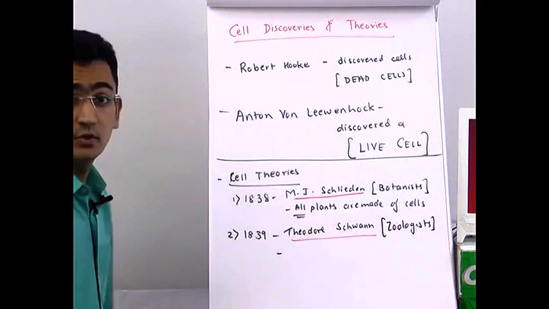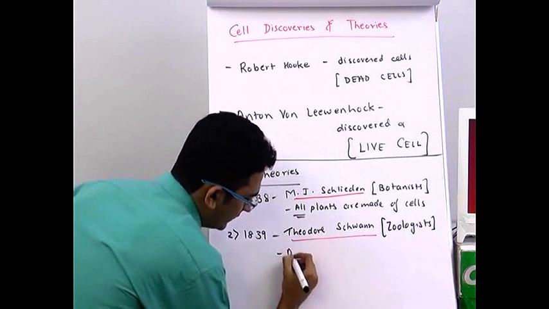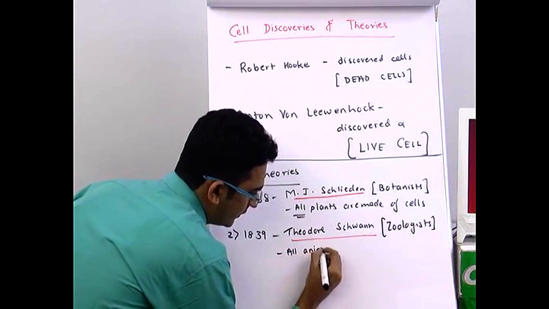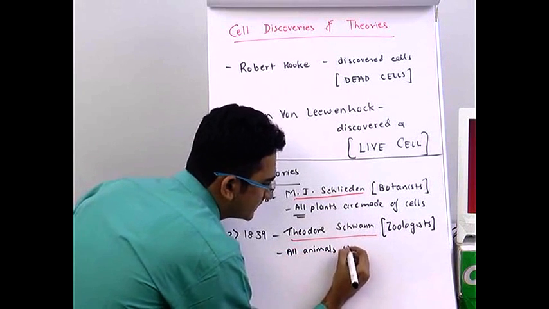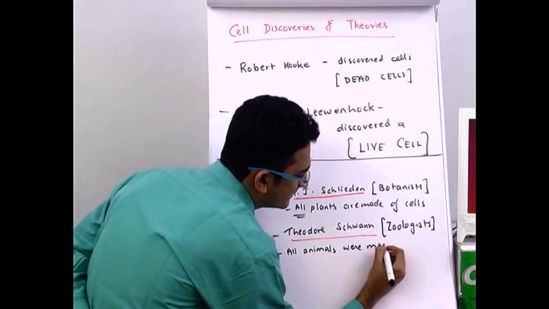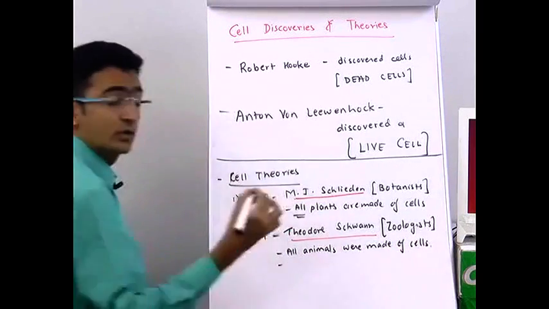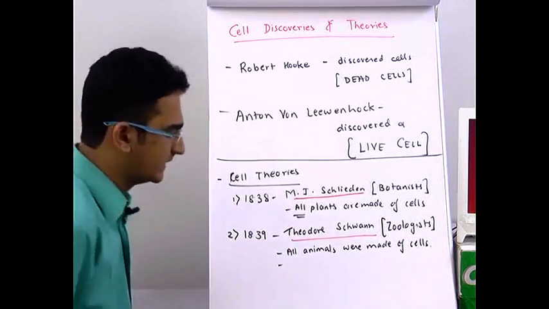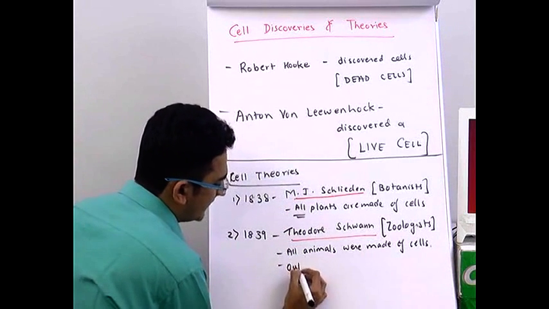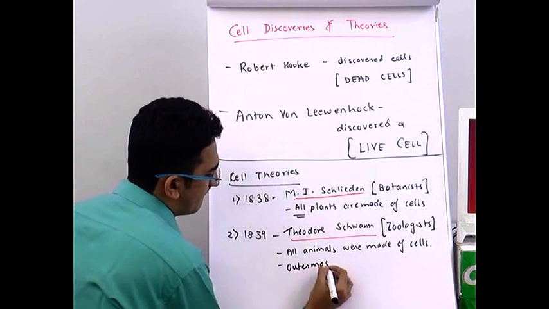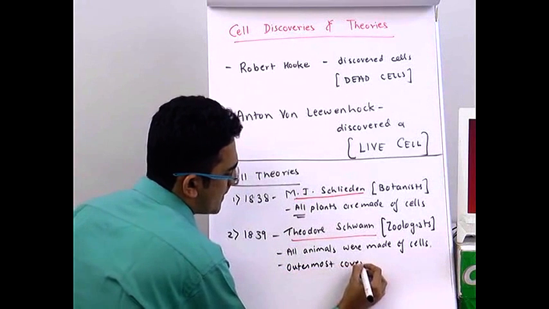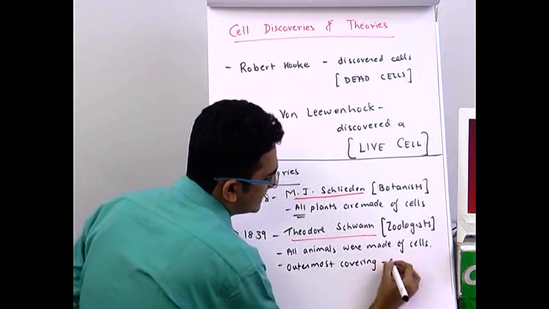And he went on to say all animals were made of cells, and that in animals, the outermost covering is the cell membrane.